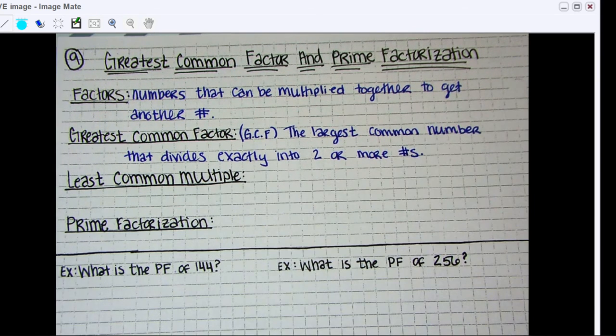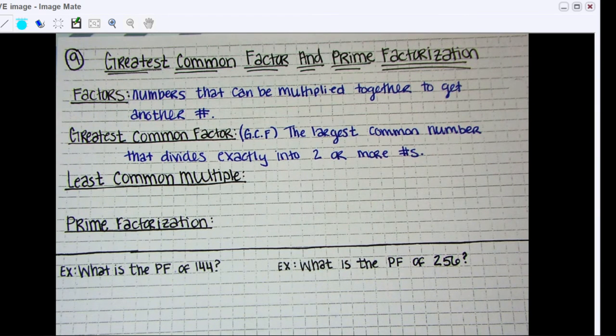So it's basically the number that is the biggest common number between them when dividing. When it says that it divides exactly, that just means when I divide, I don't get decimals. So it goes evenly. It goes in 5 times or 6 times, not 5.7 times. It's an even value, whole number, no decimals.